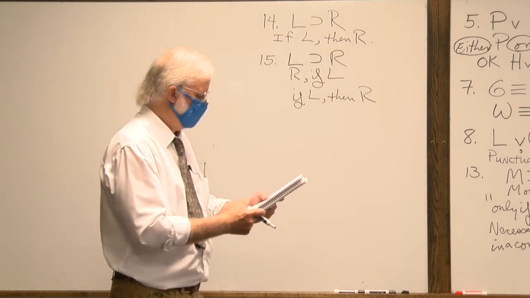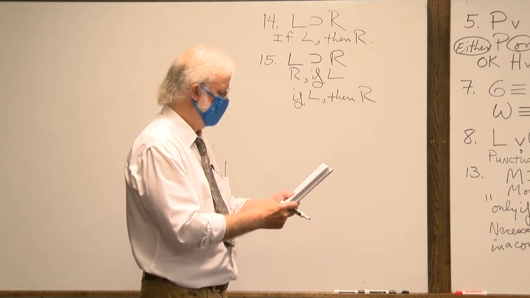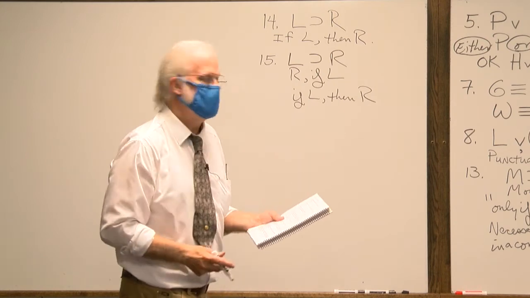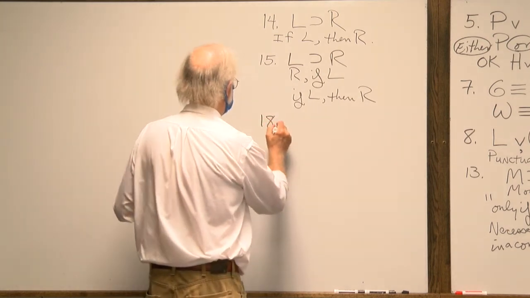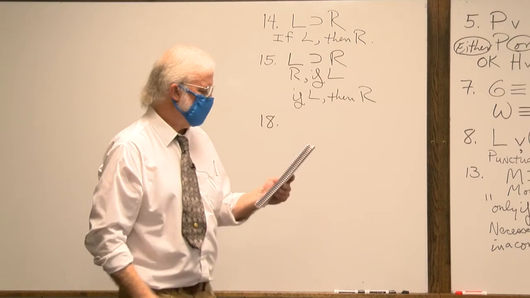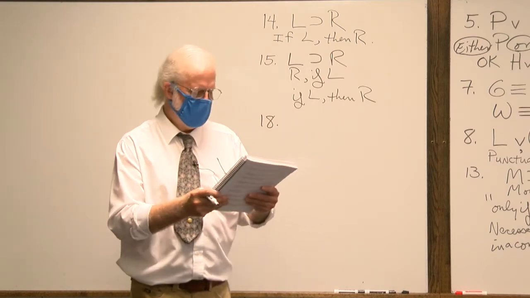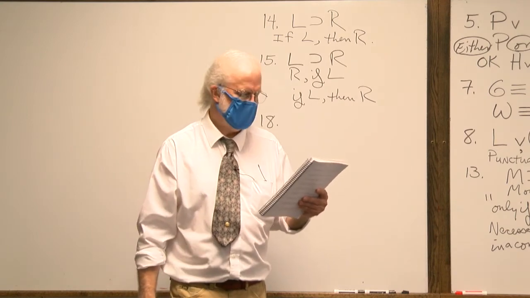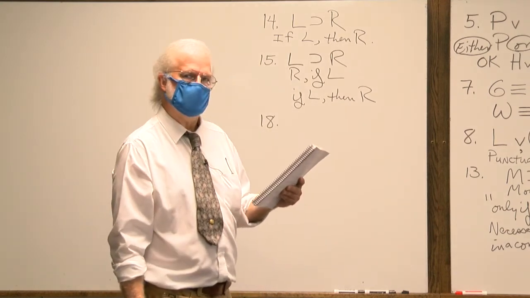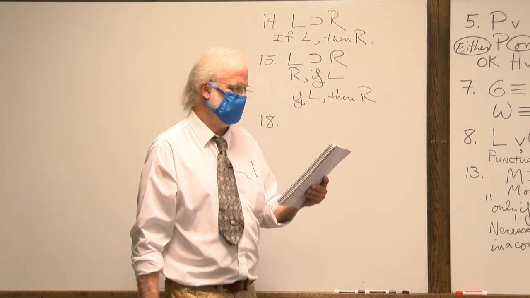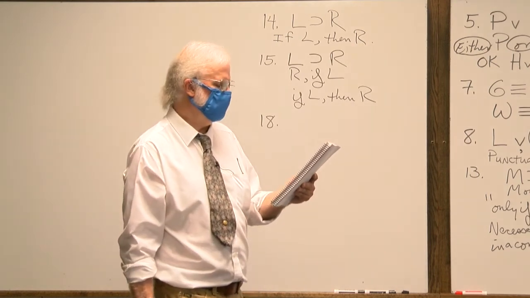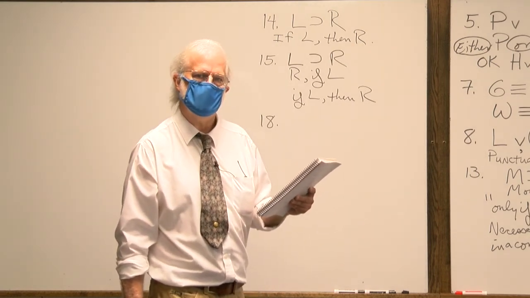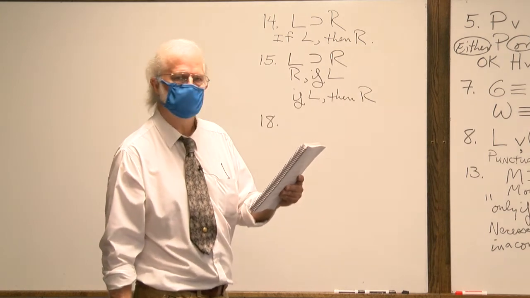Okay, let's try number 18. Morality has a value only if the human will is free. Here, M represents the simple statement, morality has a value, and W represents the simple statement, the human will is free.